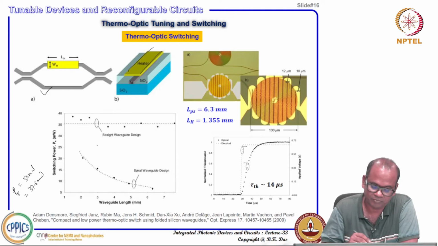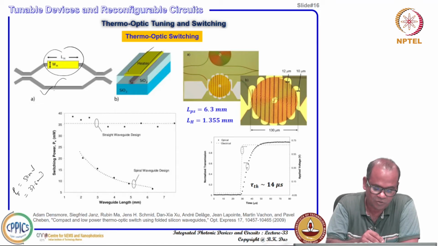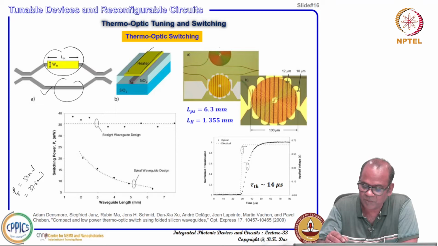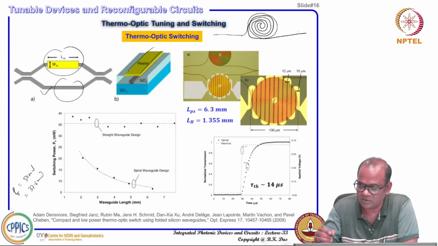You have an upper arm and a lower arm, and you make a spiral waveguide structure, bending in a spiral and then coming back another way.